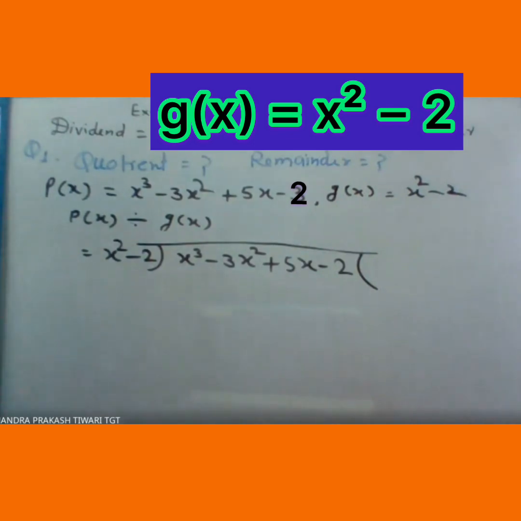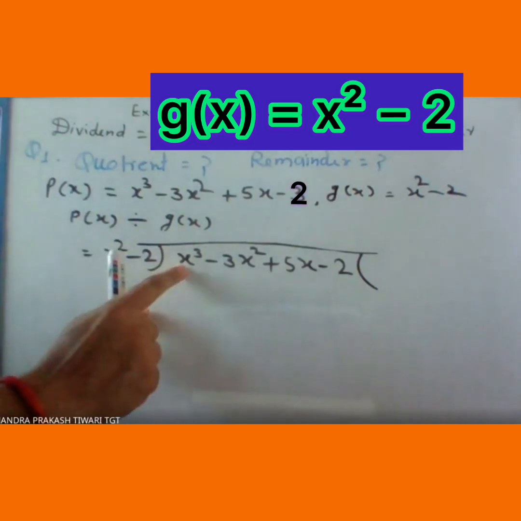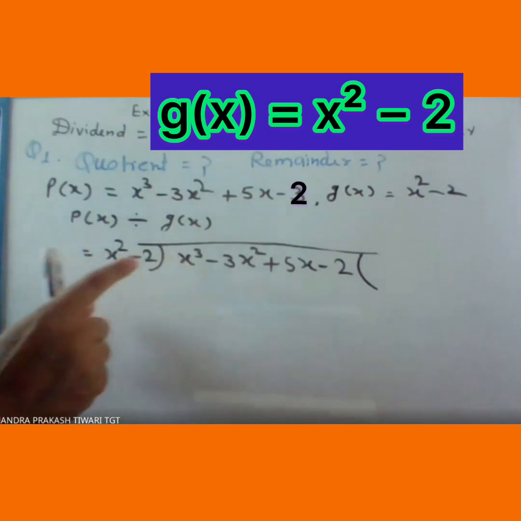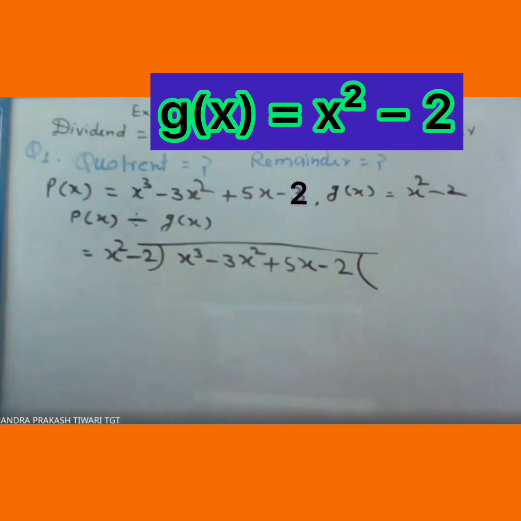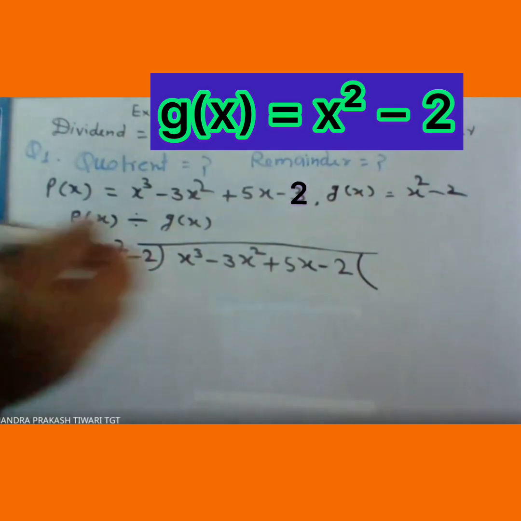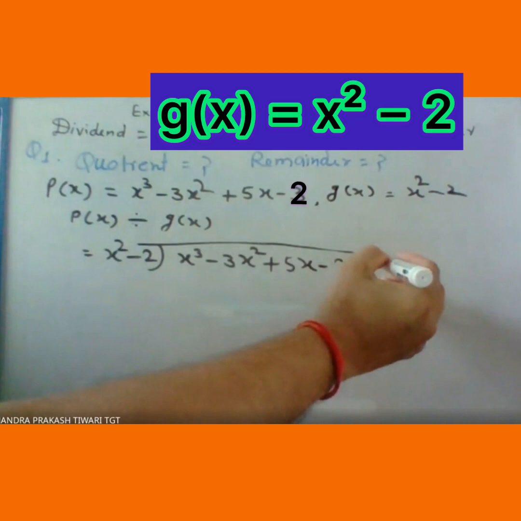So let us start. Here you can observe that the degree of the first term is x cube, and the degree of the divisor is x square. So if you multiply here only by x, then you will get x cube. So you will write into the quotient, this is x.